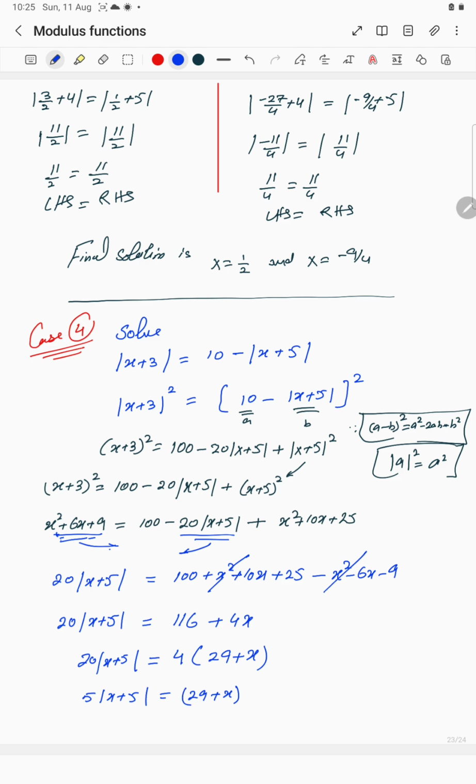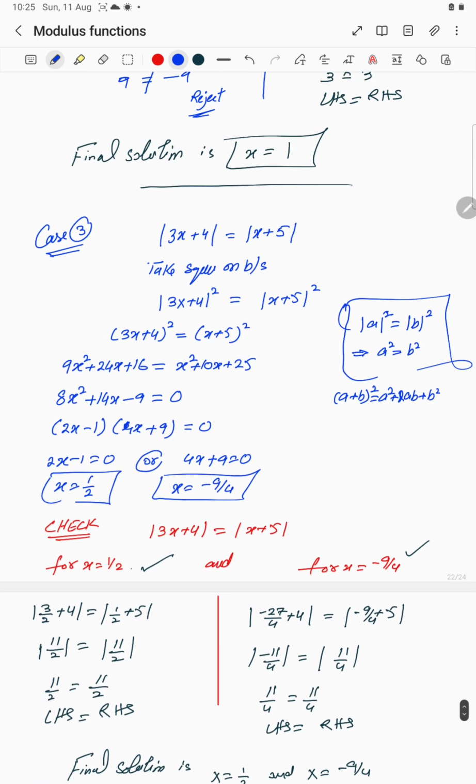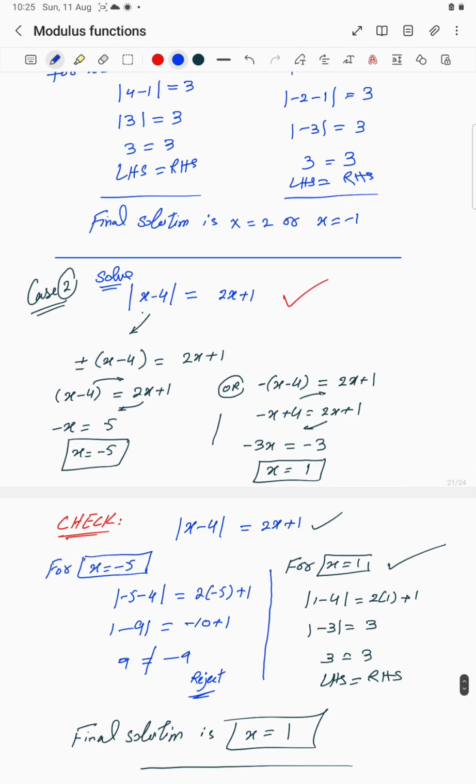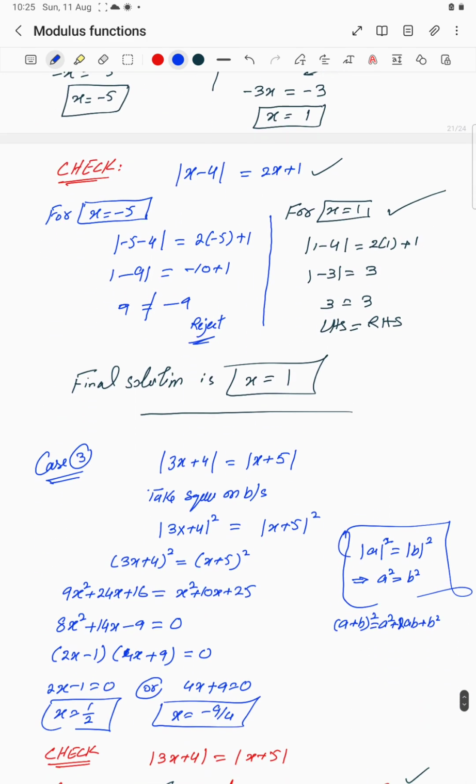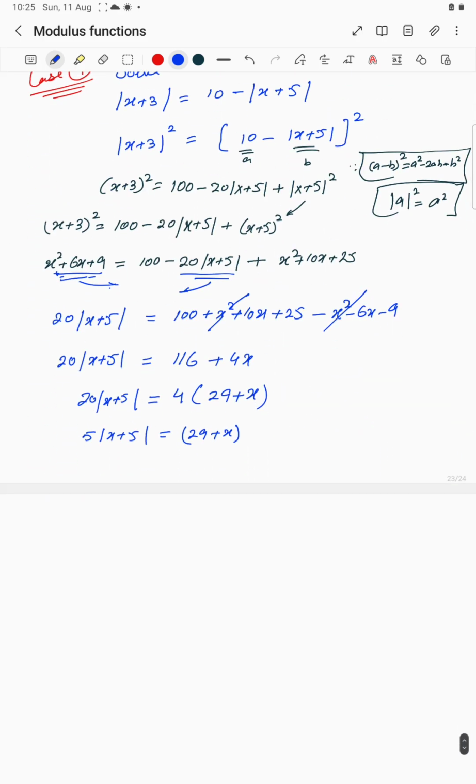Now this is the case we studied earlier, case number 2. On one side of the equality we have a modulus function and on the other side a non-modulus function, like 29 plus x. So we can apply the plus minus property once, or again we can take square, it doesn't affect.